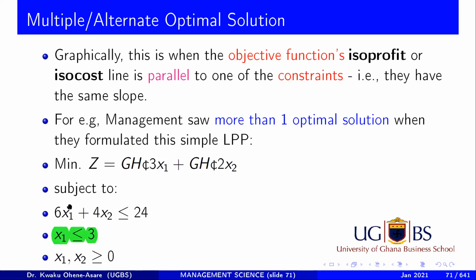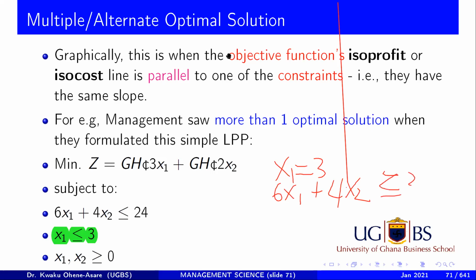If you substitute the 3 into the constraint, let me just do that here. So if X1 is equal to 3, then you are going to have 6X1 plus 4X2 less than or equal to 24.